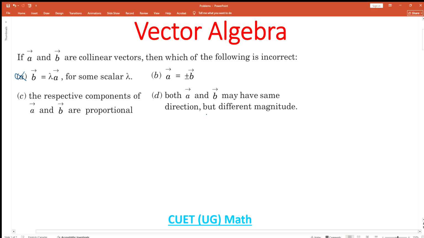Vector A equals plus minus vector B. Two vectors are equal to each other if they have the same magnitude and direction. This option has two cases: vector A is equal to vector B, and vector A is equal to minus vector B. If vector A is equal to vector B, that means they have the same magnitude and direction.